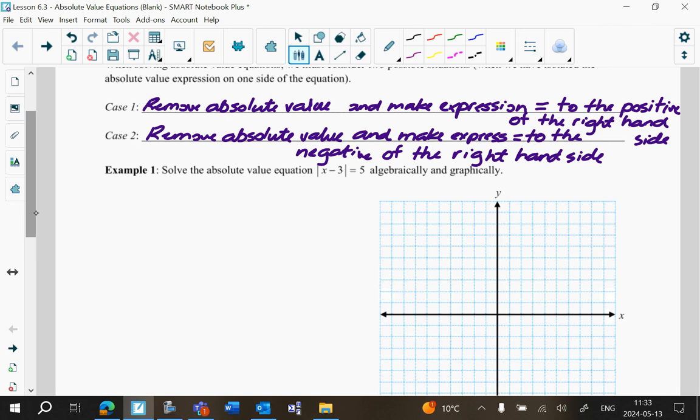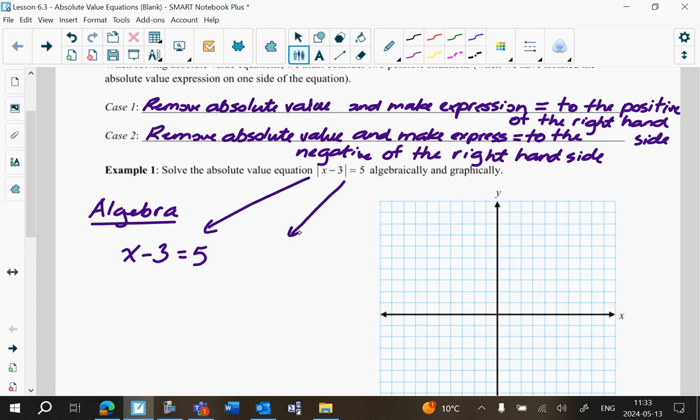So if we're asked to solve this, we can do it algebraically, which is what we'll usually do, where we make two equations. As we take out the absolute value bars, x minus 3 will equal positive 5, and x minus 3 must also work out to negative 5.